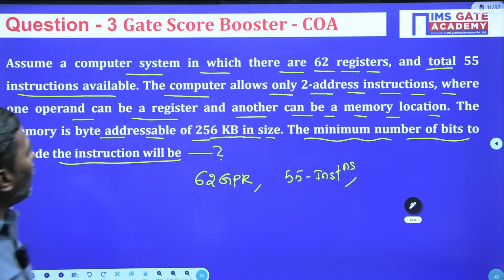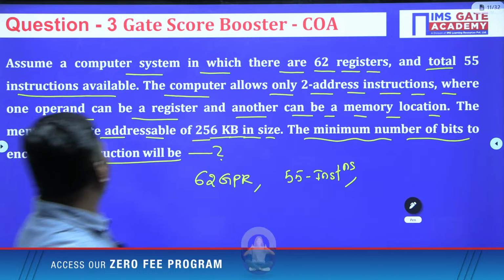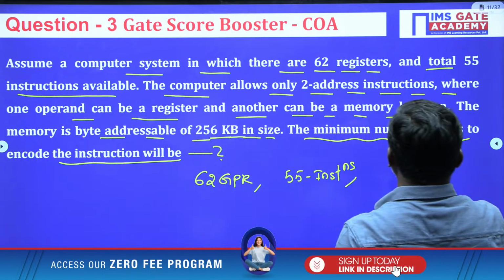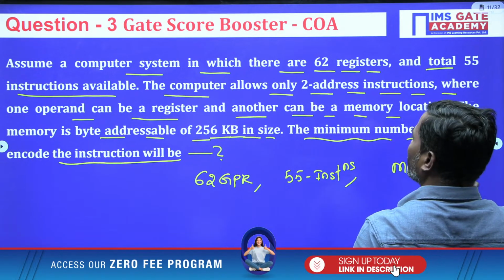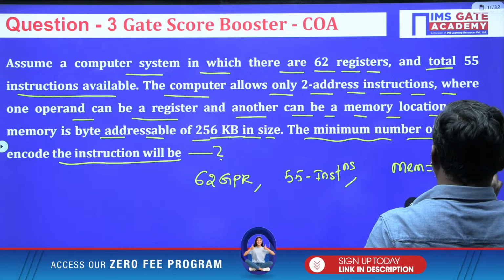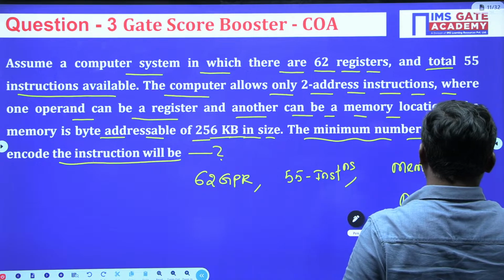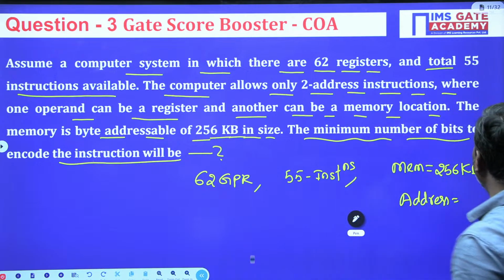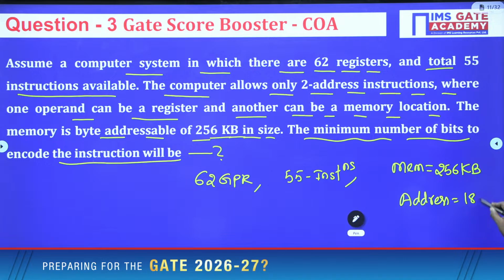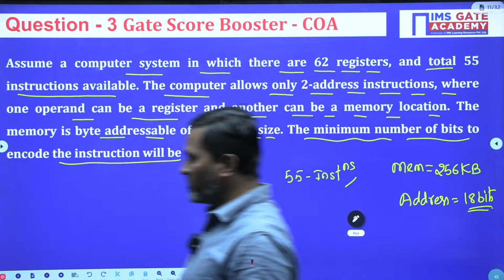Now, one is memory, one is register. Memory is byte addressable. Memory size is given, 256 kilobytes. That is nothing but the memory address bits. I can help you: 1 KB is 10 bits, 256 is 8 bits, so 18 bits is the address.